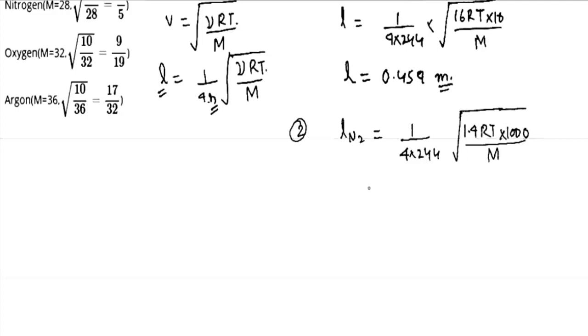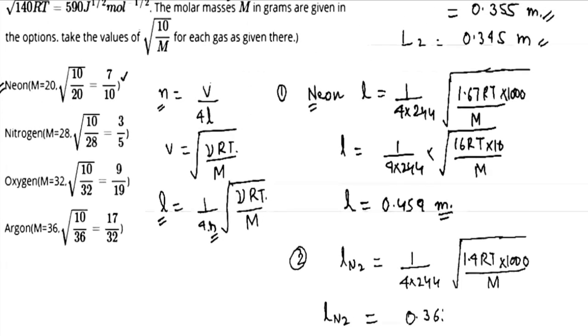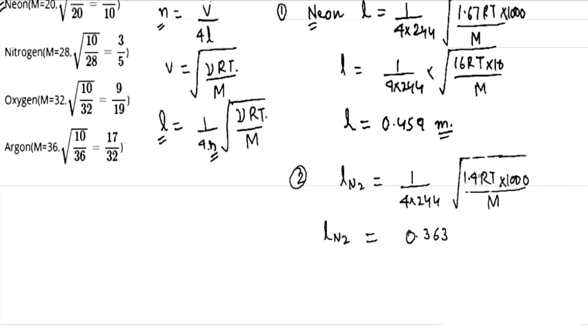So now if we solve for this, again you can see that the value of 10 divided by molecular mass is 28. If we put the value, we are going to get the minimum length for the nitrogen as simply 0.363. Now you can see that this is also greater than the required length, 0.355 and 0.348 meters. So nitrogen will definitely not show resonance.